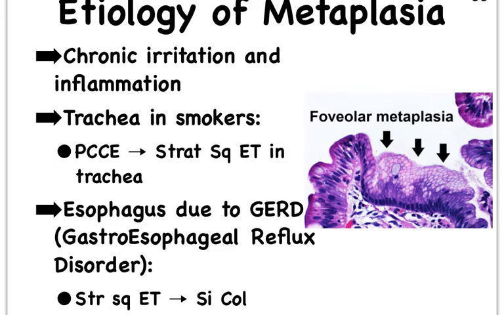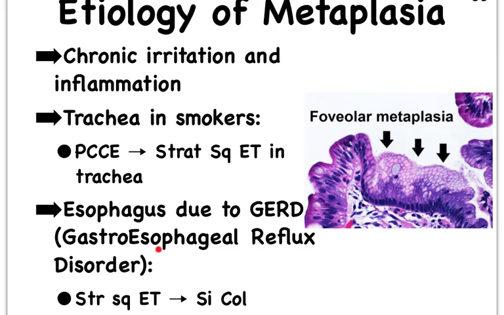Another example would be in the esophagus, where the stratified squamous epithelial tissue is actually replaced by simple columnar epithelial tissue due to gastroesophageal reflux. You may have heard of GERD. When does this happen? In the trachea, particularly in response to smoking.